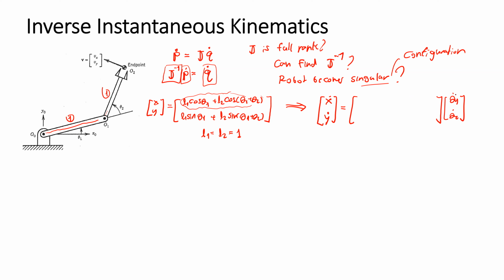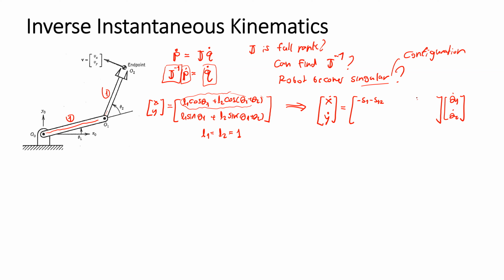The derivative of cos will be minus sin. And the derivative of cos of theta 1 plus theta 2 by theta 1 will be minus sin of theta 1 plus theta 2. Here is the first component.